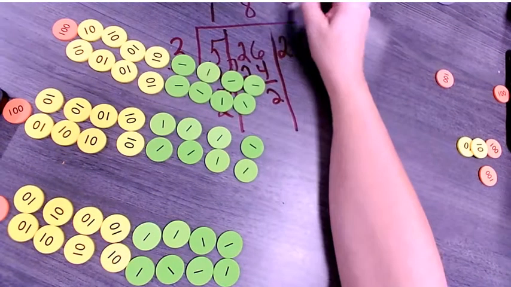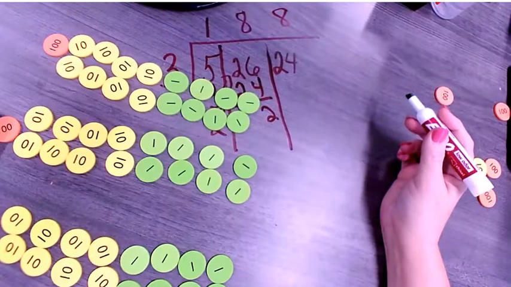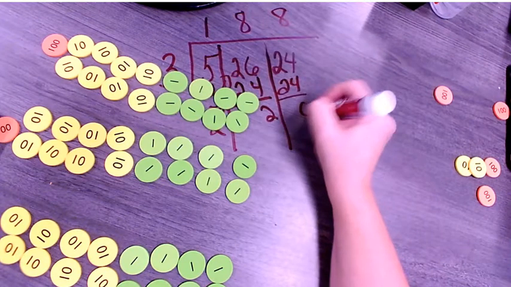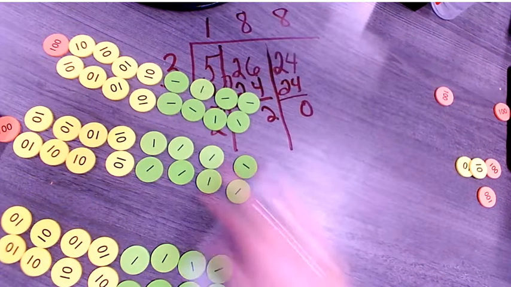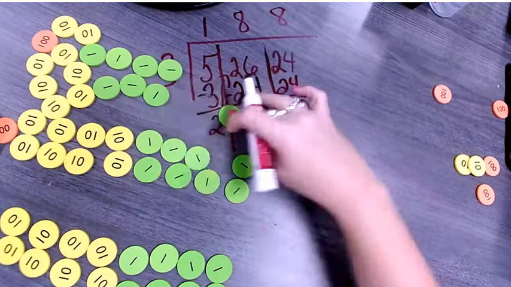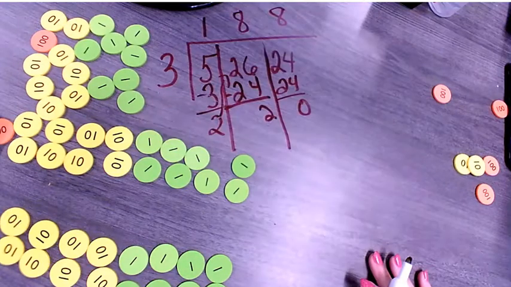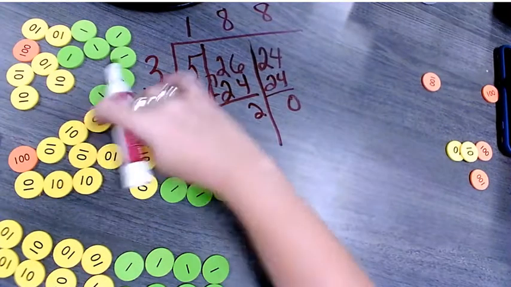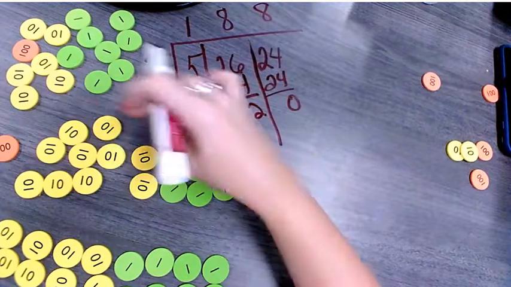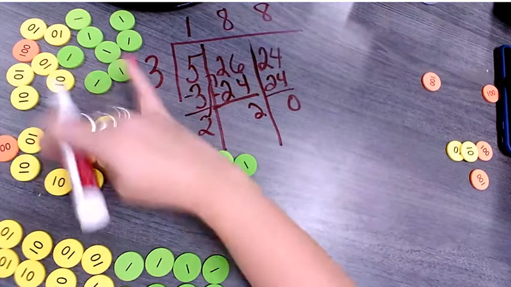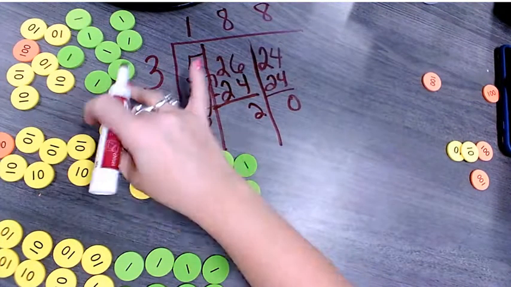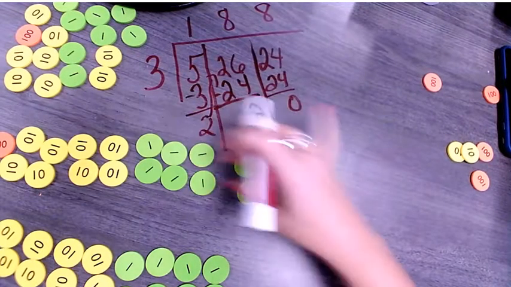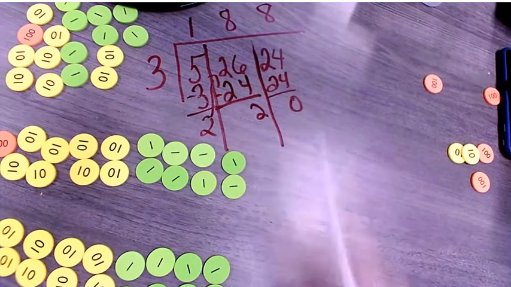I was able to put 8 in each group there. I was able to use all 24 of them, and I have none left over. Let me move this out of the way so you can see how that looked. When you look at our groups here, sorry, the camera just went crazy, but I have 100, 2, 4, 6, 8 tens, 2, 4, 6, 8 ones: 188, which is my answer.